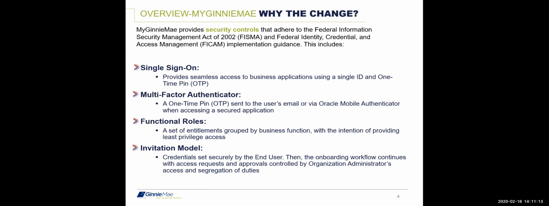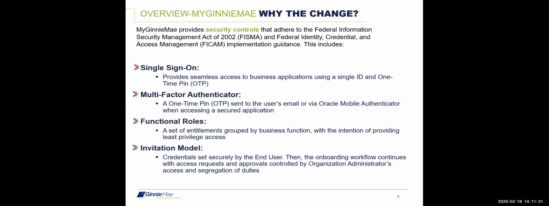We've also introduced functional roles. This is a different way of providing system access that we'll talk about a little bit more in just a second. And it introduces an invitation model so that you as an organization administrator will have an audit trail that shows you when and how access was provided to your users.